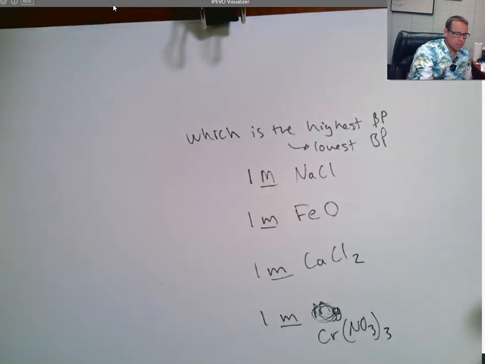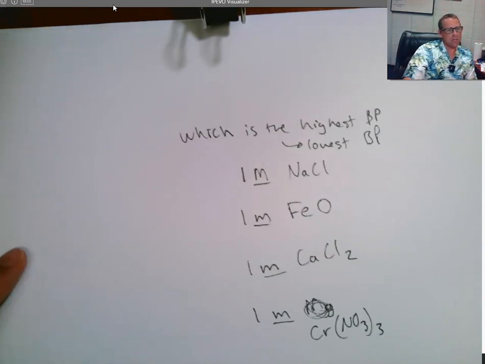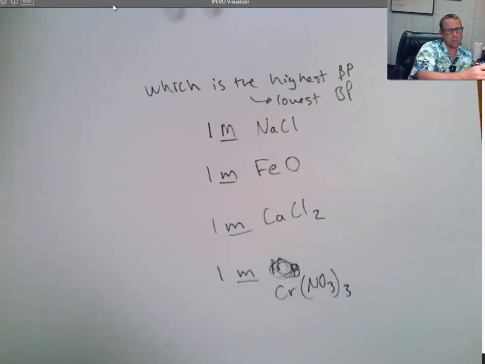And I guess I should say, or are they all the same? Or do multiples have higher or lower boiling points? Let's see. Who do we got? Aisha, any ideas? Which one of these is going to have the highest or lowest boiling point?